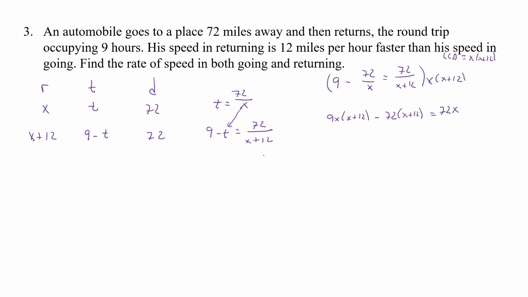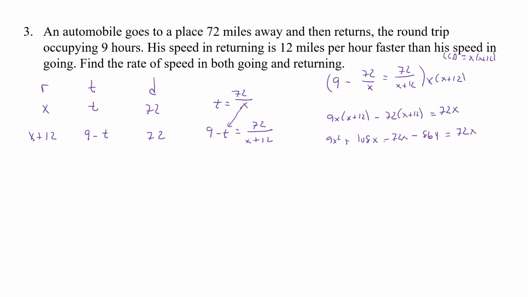Now we're going to need a calculator here when we multiply, so 9x times x is going to give us 9x squared, and then plus, now we have x, and then we have 9 times 12, so 9 times 12 is going to be 108x. Then we'll have minus here, that's 72x, and 72 times 12 is going to be minus 864, it says on my calculator. That equals 72x.